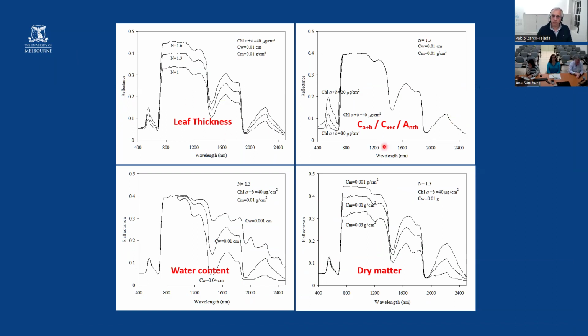If we look at the photosynthetic pigments, chlorophyll, carotenoids, anthocyanins, xanthophylls, then we see that the major changes are happening in the visible part of the spectrum. Why? Because that's the region where the light is absorbed for photosynthesis, as we all know. And the same thing for other traits like water content, dry matter content, and whatever we are interested in.